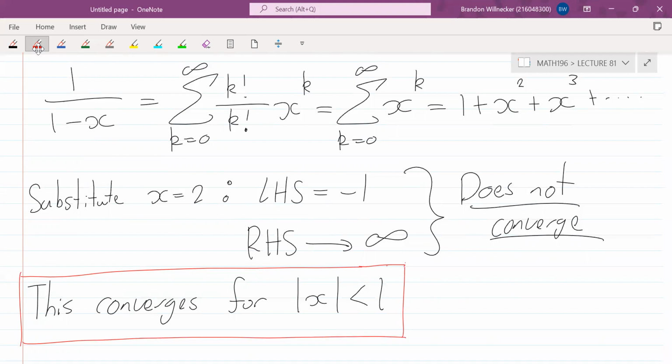The previous example was analytic everywhere. You don't need to show that, but just take my word for it. Whereas this example, we can see immediately that this only converges for the absolute value of x being less than 1, because we recognize that this is a geometric series, and we know about the convergence of those.